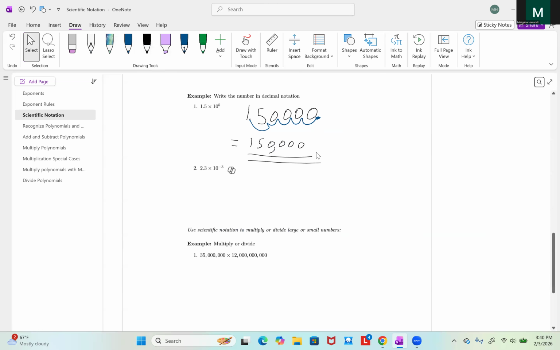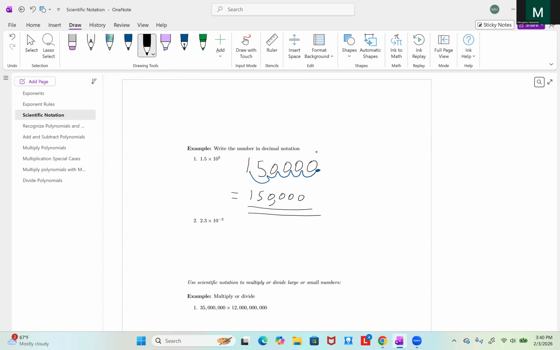Another example, 2.3 times 10 to the minus 3. To write this in decimal notation, the negative exponent tells us that we need to move the decimal point in this number to the left. The exponent, -3, or if we take the absolute value, 3, tells us the number of places we need to move to the left.